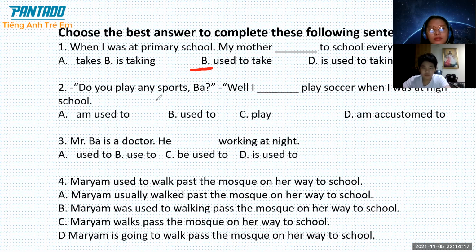Okay, number 2, D. Oh, that is what again? Letter D. Okay, number 3, that is C, letter C. Okay, number 4.